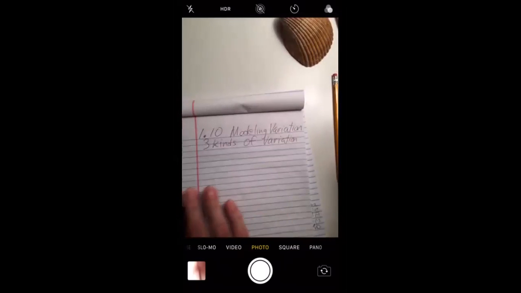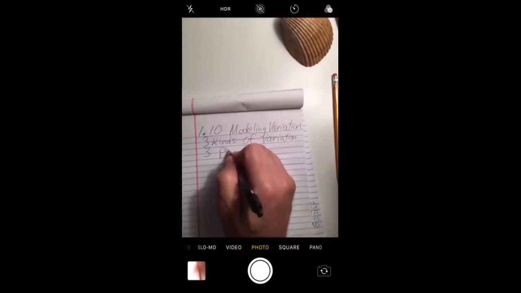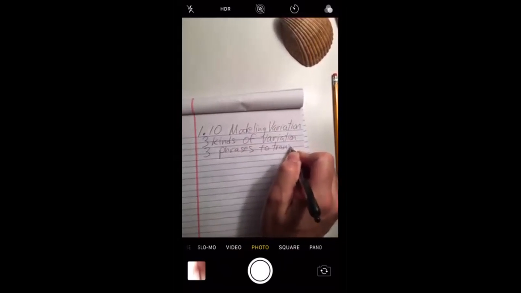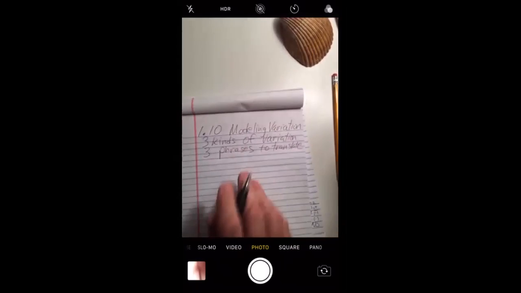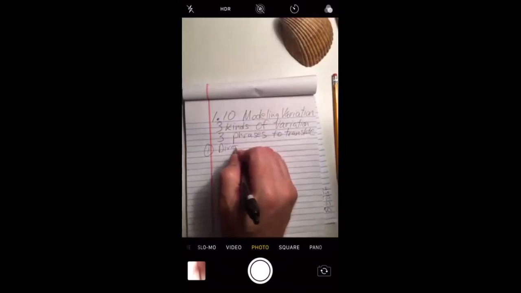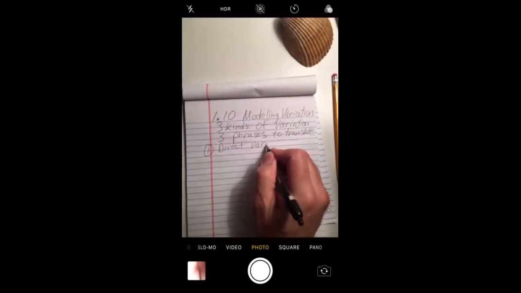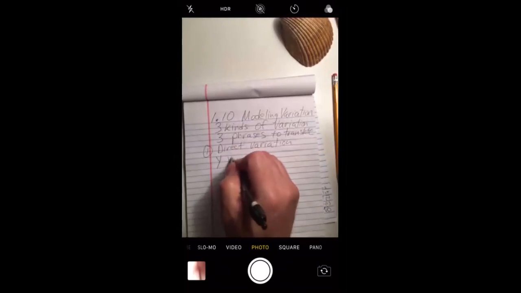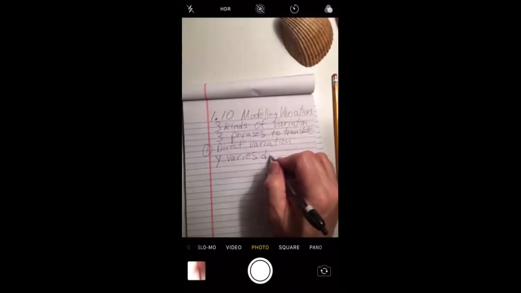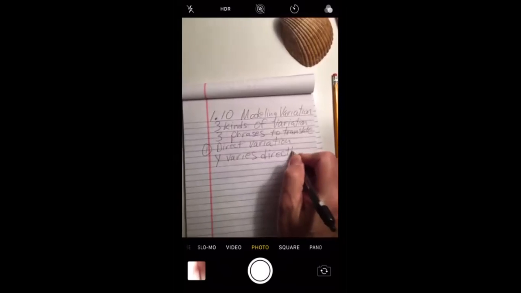They're going to give you 3 phrases to translate. The first kind is called direct variation. And they'll say y varies directly with x. A lot of words in this, but I've left off the word problems at the end of the section, and I'm going to keep the simple words.